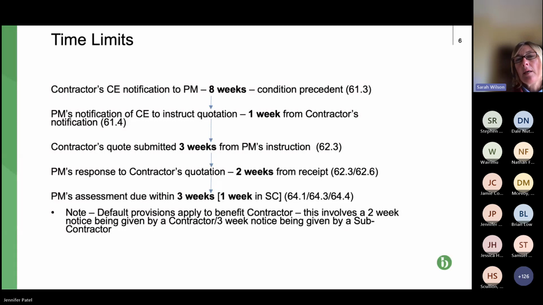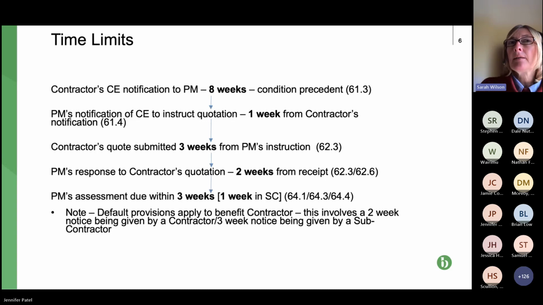So these are the timescales for that process that we started looking at. So clauses 61 to 65 of the contract. If you remember, that first one, clause 61, was notifying a CE. So the first line here says contractor's CE notification to the PM.